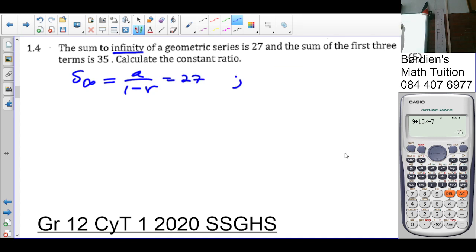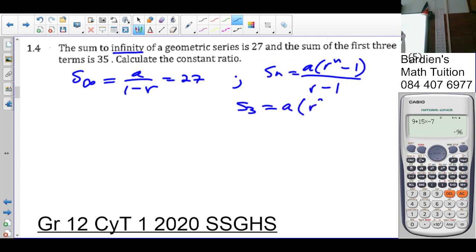Then the sum of the first three terms, S3: firstly Sn is equal to a times r to the n minus 1 over r minus 1. So S3, the sum of three terms, is going to give you a times r cubed minus 1 over r minus 1 is equal to 35.